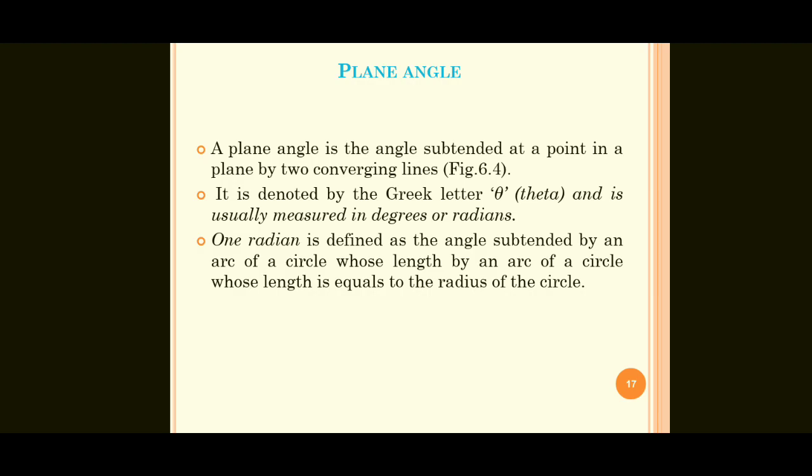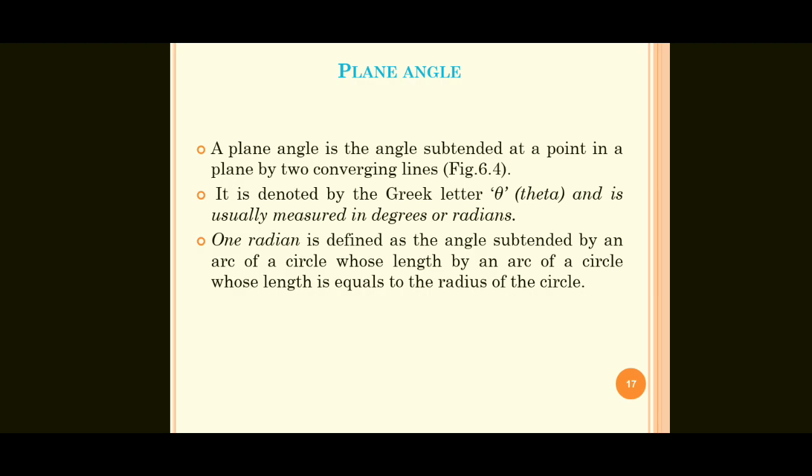It is denoted by the letter theta and measured in degrees or radians. So one radian is the angle subtended by an arc of a circle whose length is equal to the radius of the circle.